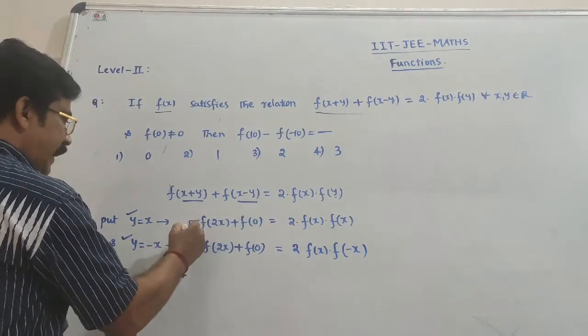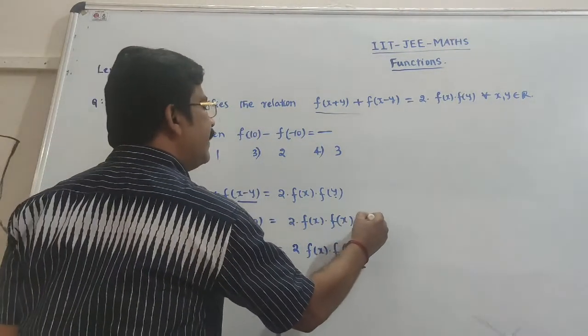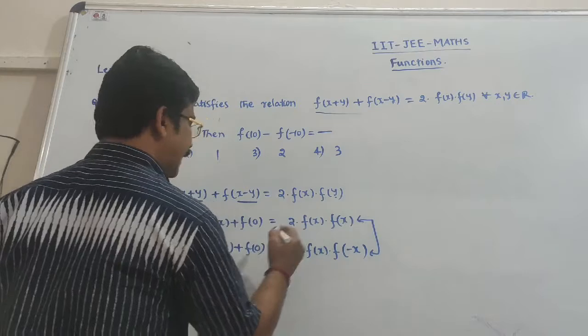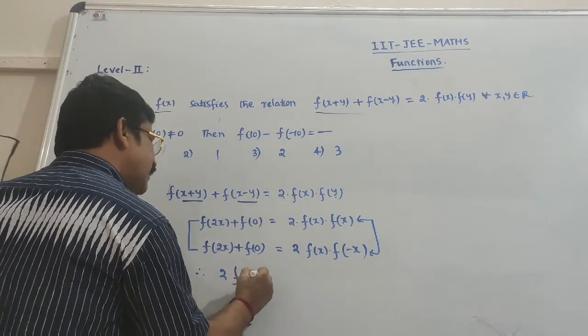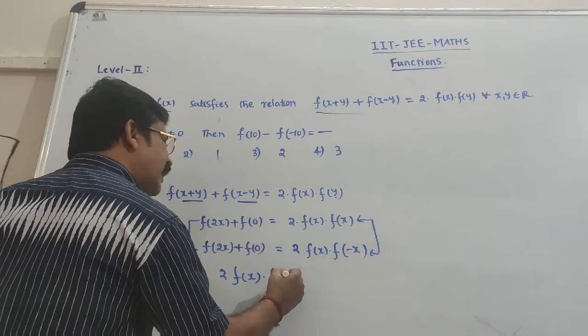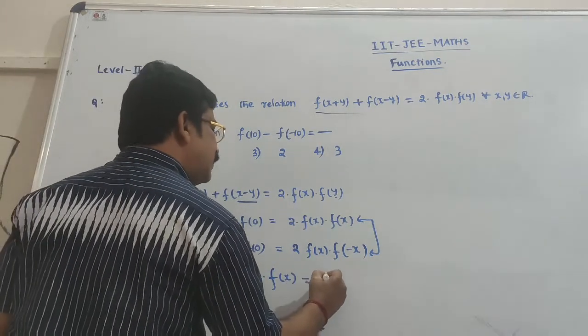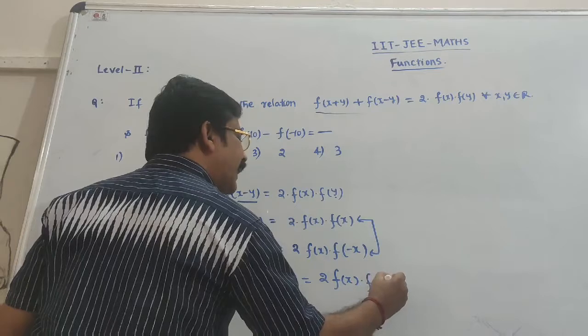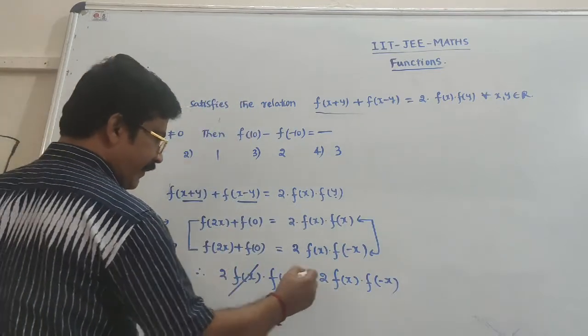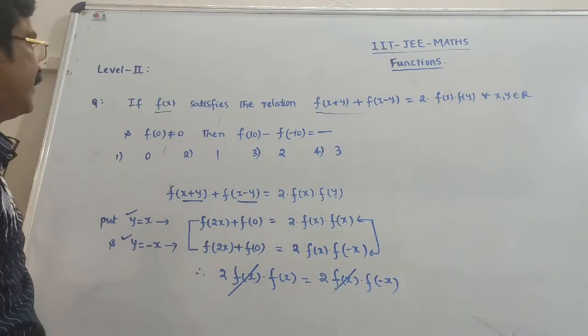Since the LHS is the same, the RHS will definitely be the same. So f of x into f of x equals 2 into f of x into f of minus x, so f of x gets cancelled.